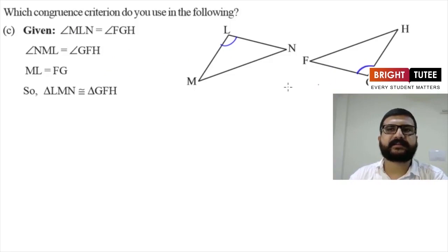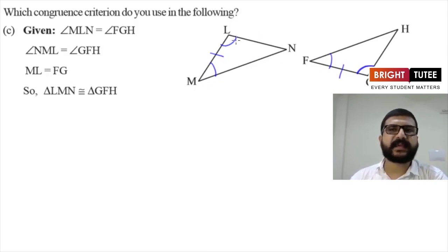And then we are having one more angle which are equal, angle NML and GFH. And what else do we have? We have ML is equal to FG, so it means this side ML is equal to FG. Now what do you think, by which criteria these two triangles are congruent?